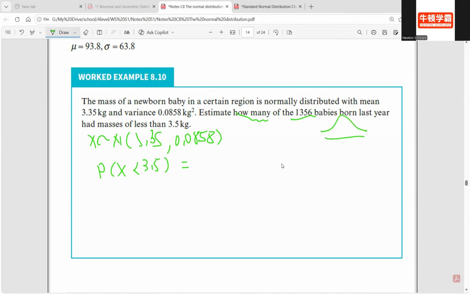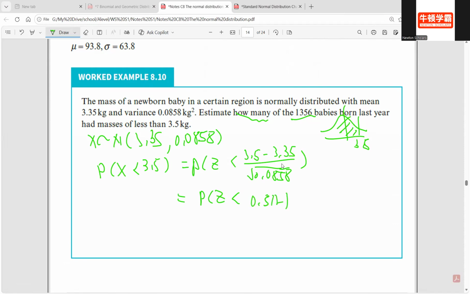Actually we know that 3.5 is less than right here. So find the z value first. The z value will be 3.5 minus 3.35 over square root 0.0858. We press the calculator. We will get my z value is 0.5142.